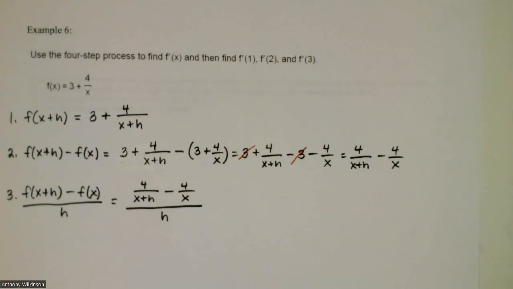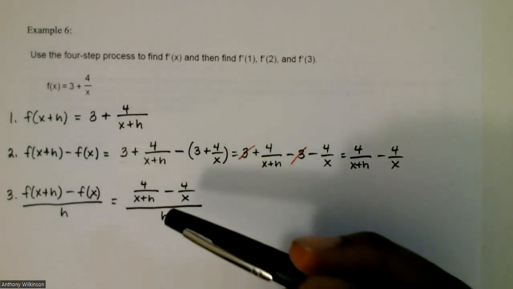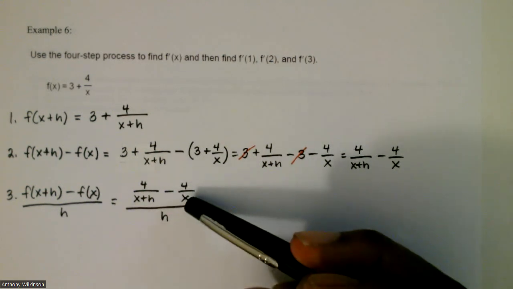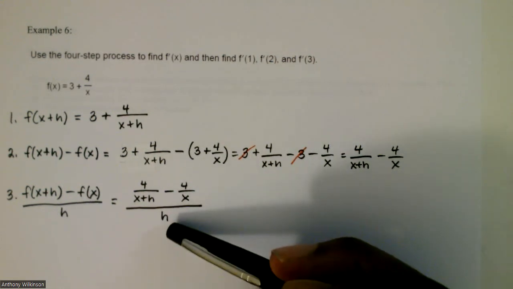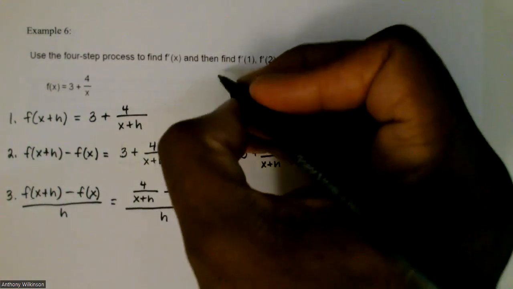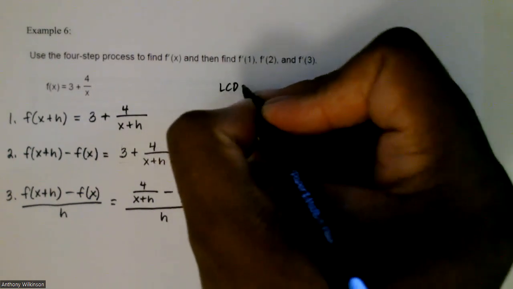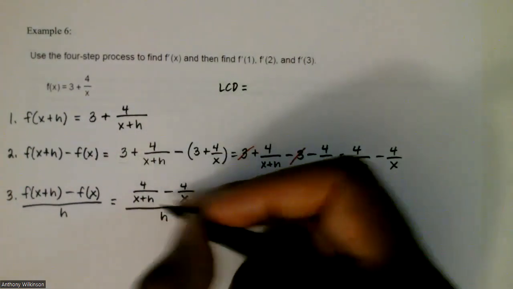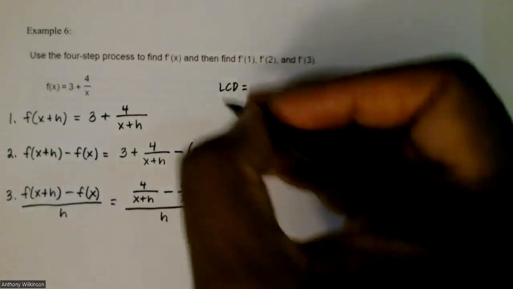Now, here's what I'm going to do. Since I'm dealing with fractions here, I'm going to take the LCD of this fraction and that h. And h is understood to be h over 1. So the LCD would be just the x plus h and then the x.